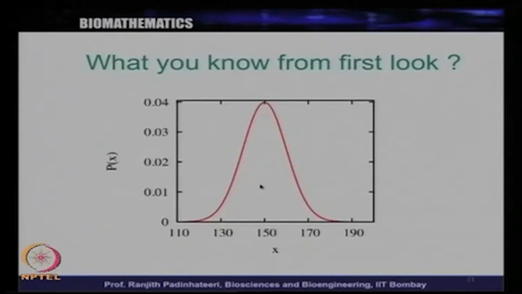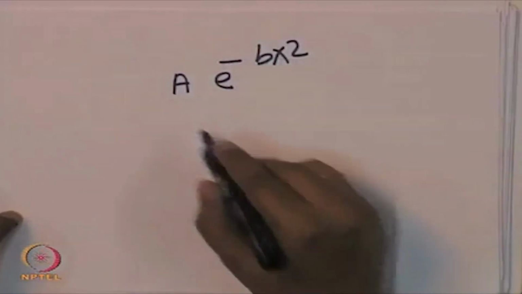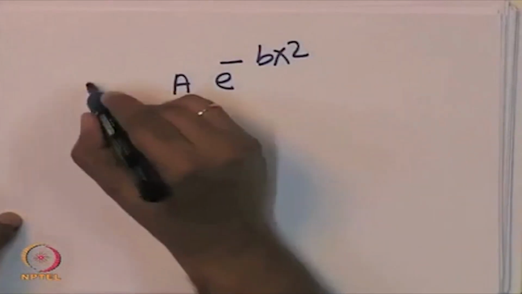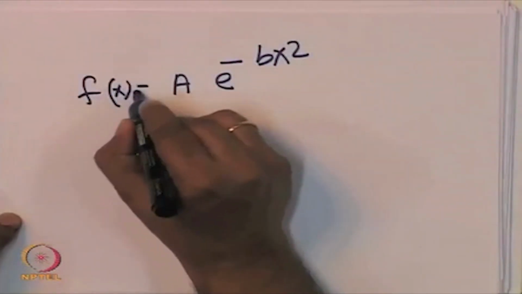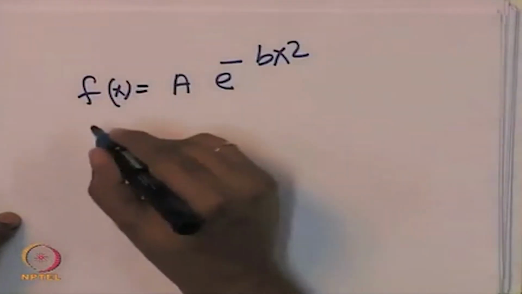So, let us look at the Gaussian function again. The Gaussian function is a e power minus b x square, or p of x if you wish.